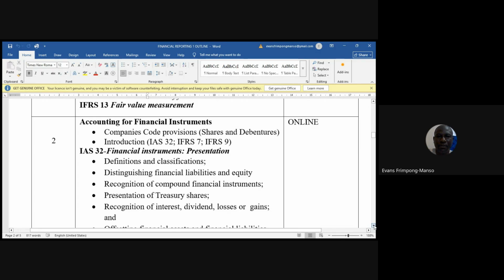IFRS means International Financial Reporting Standard. They are all standards, the International Financial Reporting Standard. That's the IFRS.